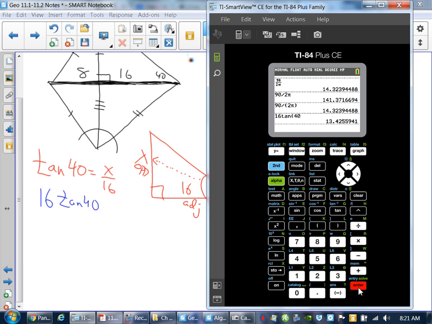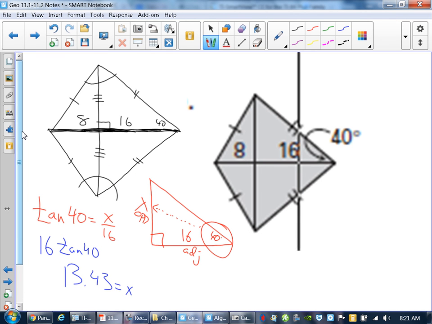Once again, I need you guys to constantly try to go to 2 decimal places. So if this is 13.4255, it would be 13.43, okay? Which puts us back up here.